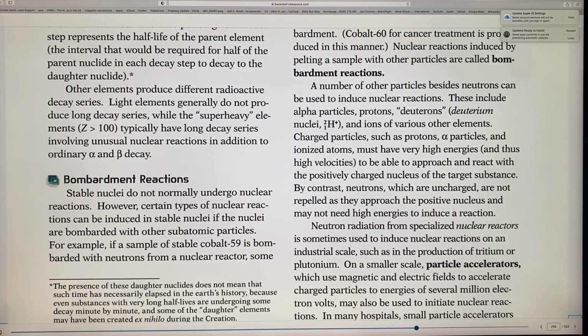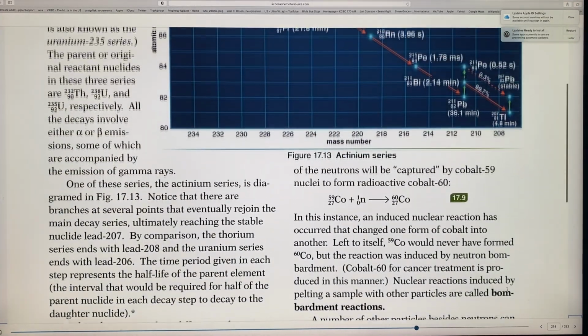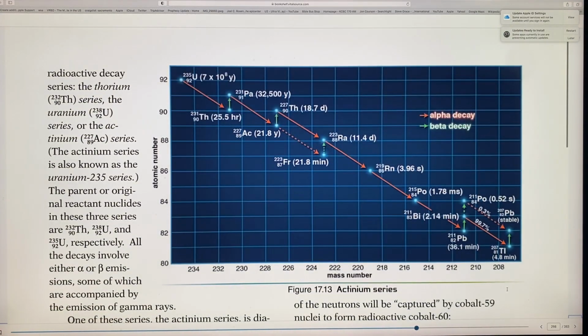Bombardment reactions. Stable nuclei do not normally undergo nuclear reactions, right? If it's stable, it's stable. But certain types of nuclear reactions can be induced in stable nuclei if the nuclei are bombarded with other subatomic particles. When you talk about this decay process, you're talking mainly about the decay process.